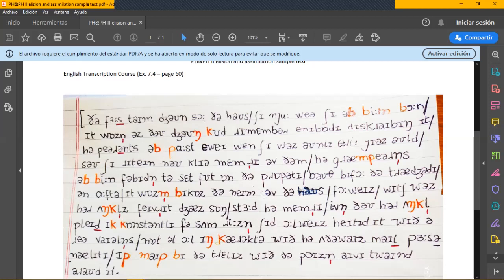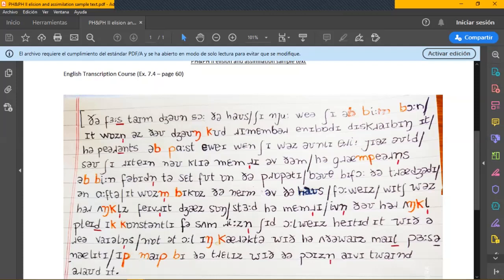Here in this word grandparents, we have assimilation. First of all, there has been elision of the voiced alveolar plosive sound that was here in the middle. As you remember, the two most common consonant sounds that can be elided are the voiced and voiceless alveolar plosive.